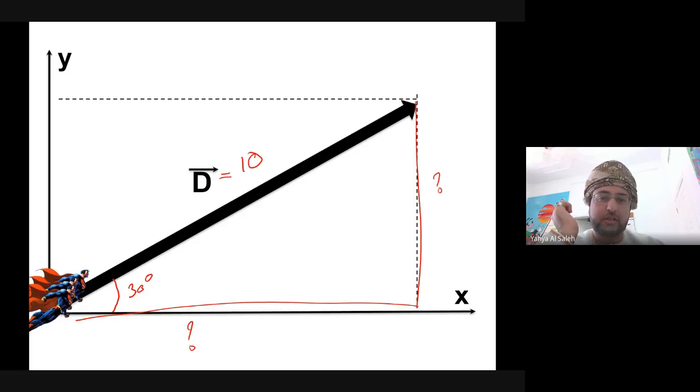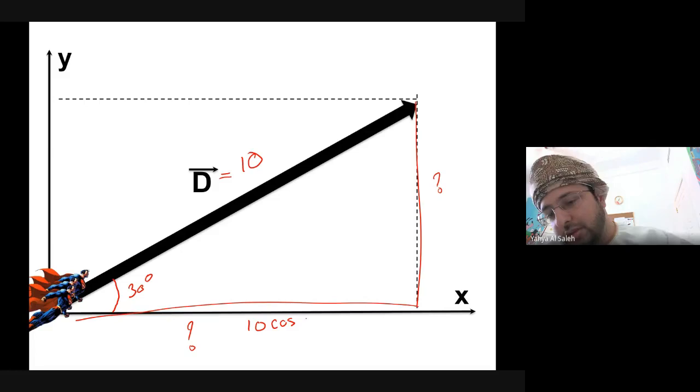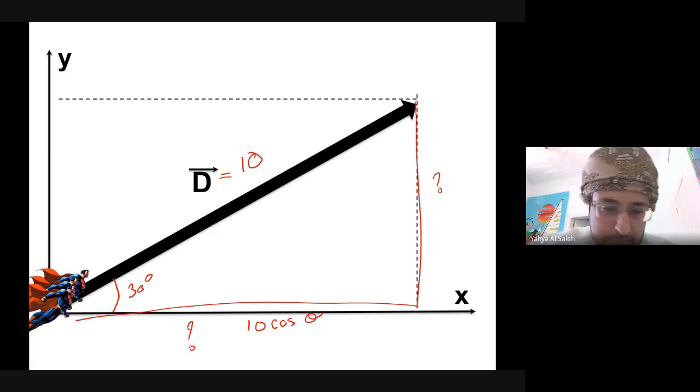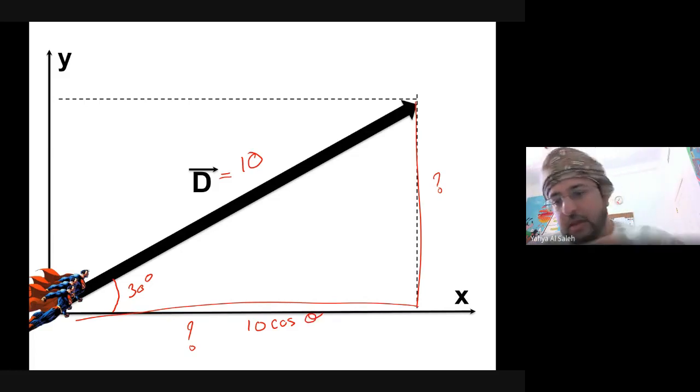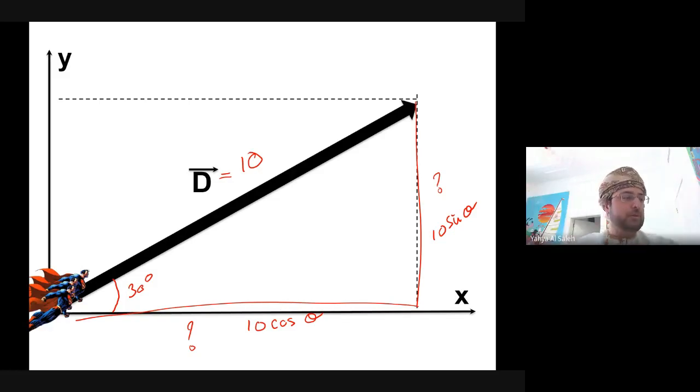What will be the x component? 10 cosine theta. And this one will be 10 sine theta. Right? And you just resolved it into its components.